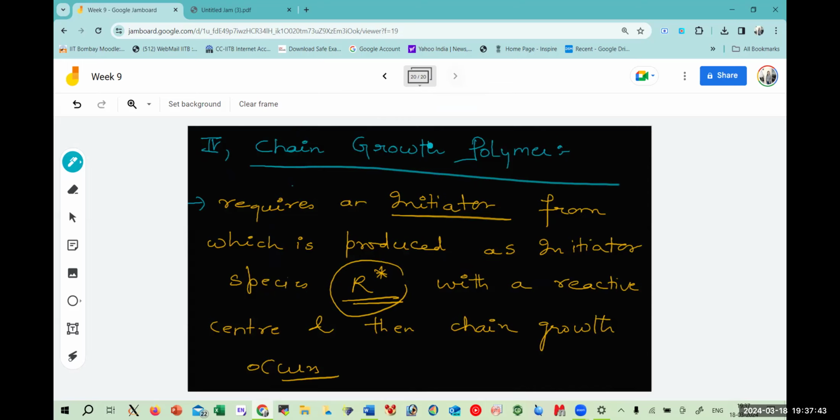So in chain growth, we have to follow a radical kind of mechanism where we need an initiator. Say, for example, I have taken some initiator to make my monomer an active species.